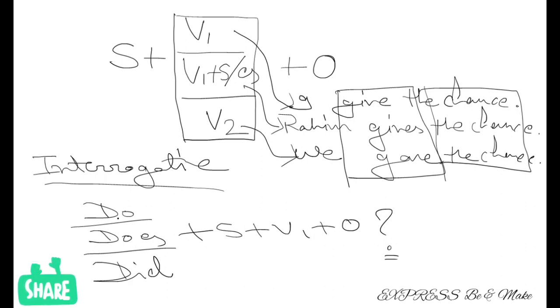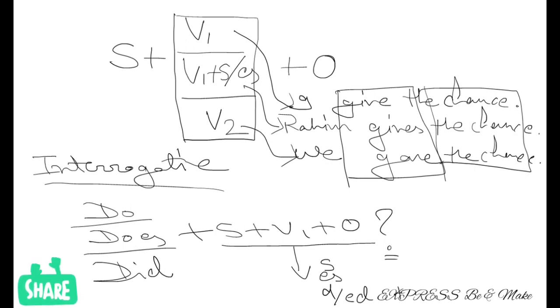So always keep in your mind whenever you are making the interrogative sentence, the sentence may start with do or does or did, but inside, the verb is always the present form of the main verb. Here S or ES ending never will come. Here D or ED ending never will come.